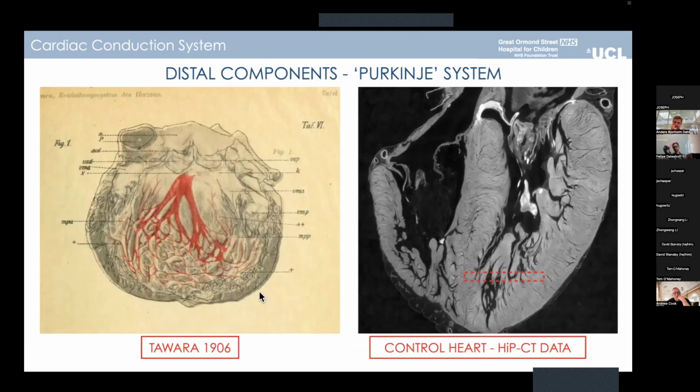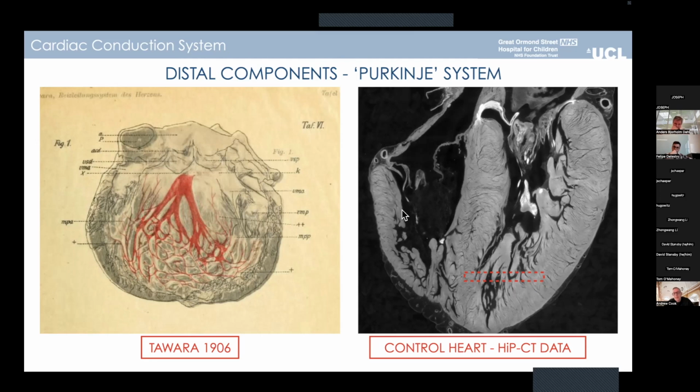The best diagrams were produced in the 1900s, so 1906. We think these were produced by injecting Indian ink into the sheaths surrounding the conduction system. So, of course, there's always a bit of error with that. But really, we don't have similar data, and how the distal connections of the conduction system ramify into the myocardium is of interest for understanding, of course.